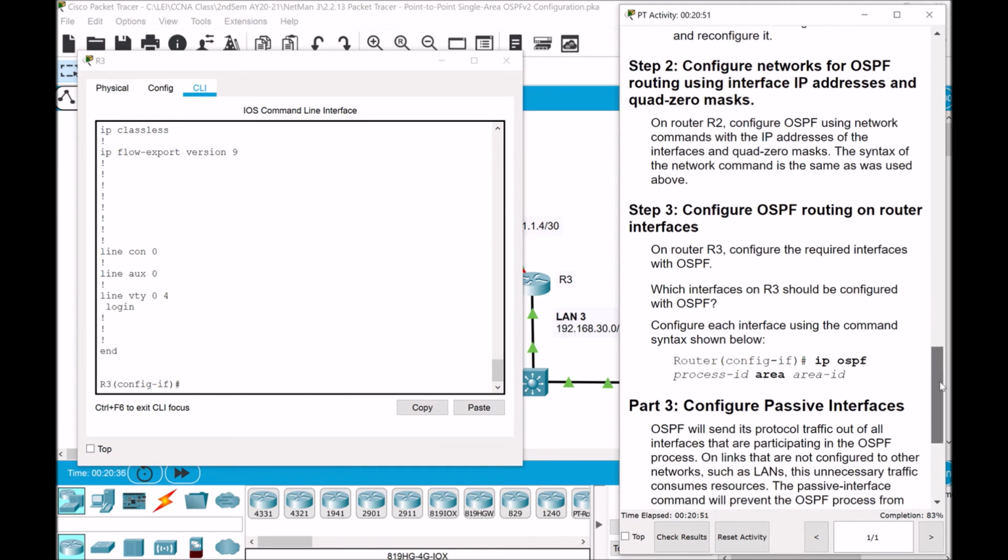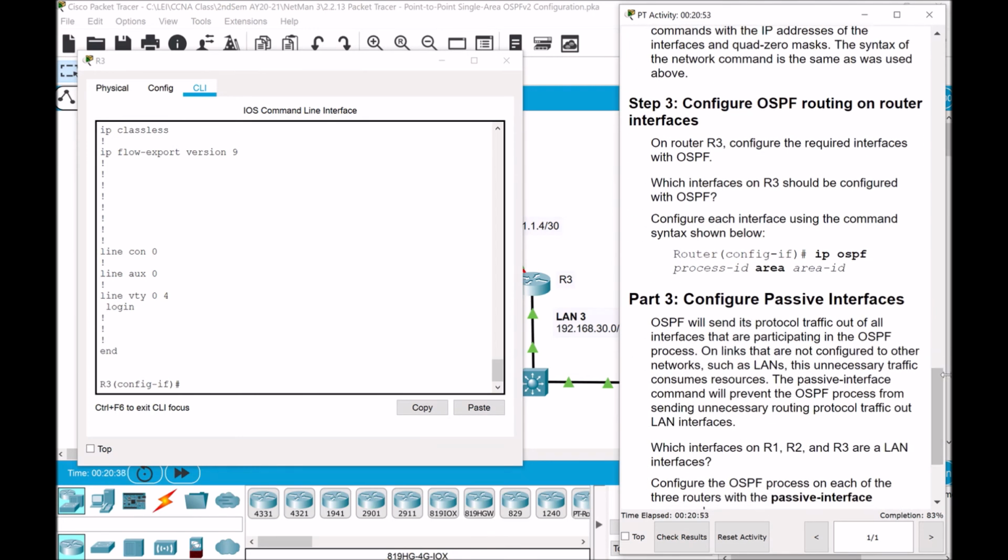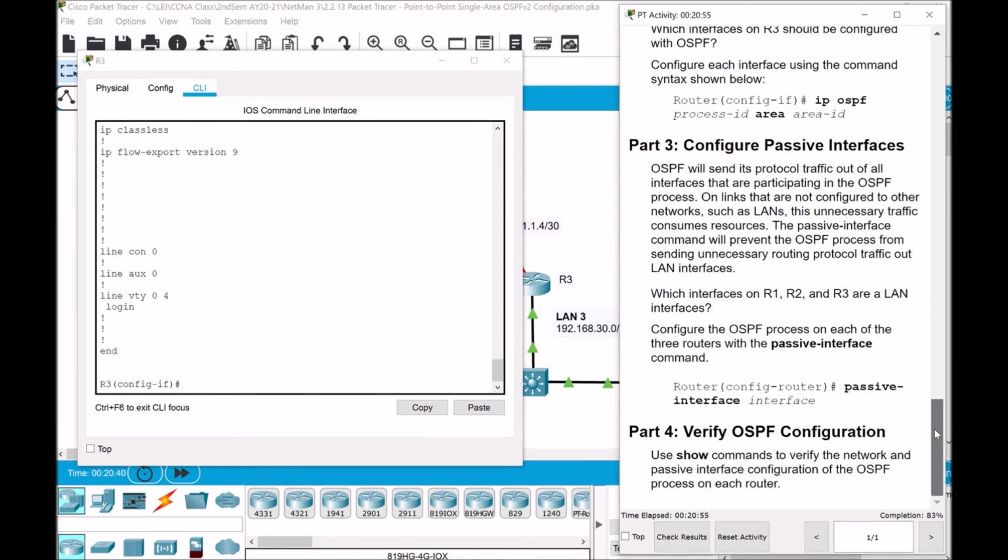Next step would be part 3. Okay, so we're now on part 3. Notice that the completion is already at 83%. OSPF will send protocol traffic out of all the interfaces which are participating in the OSPF process, but on links which are not connected to other networks, such as the local area networks or LANs, this unnecessary traffic consumes resources.